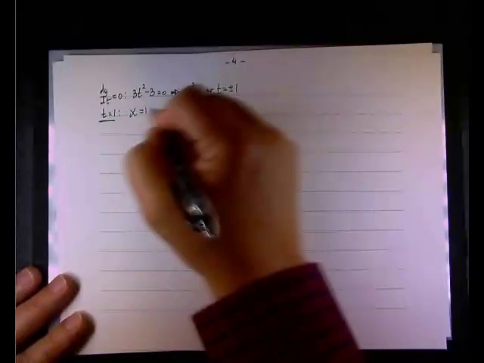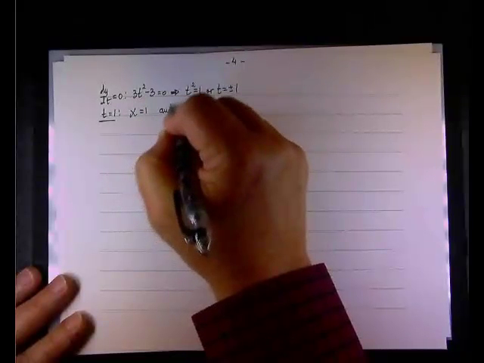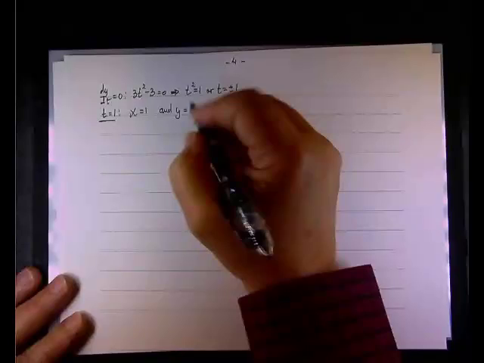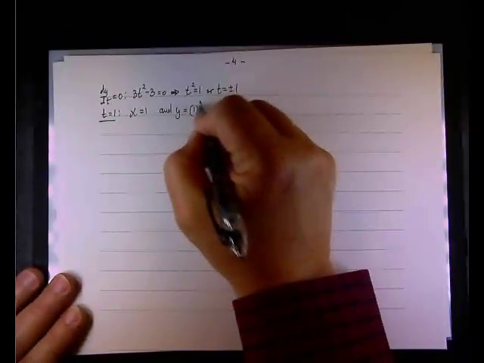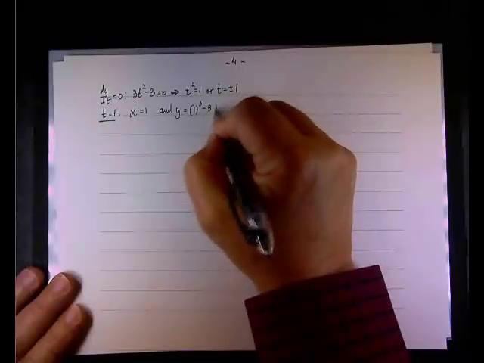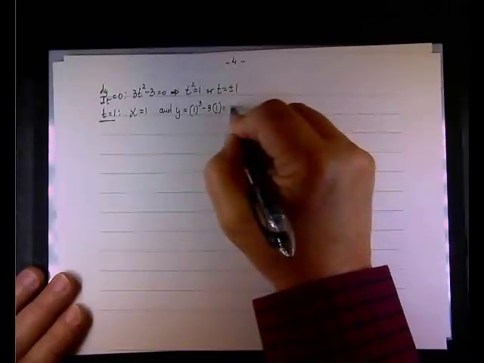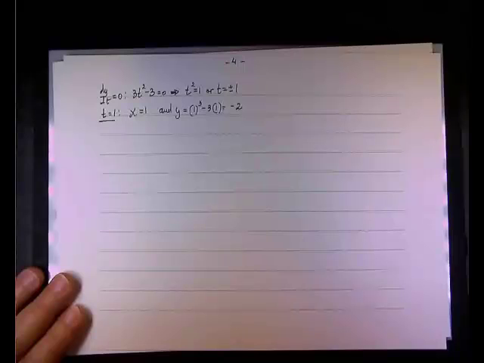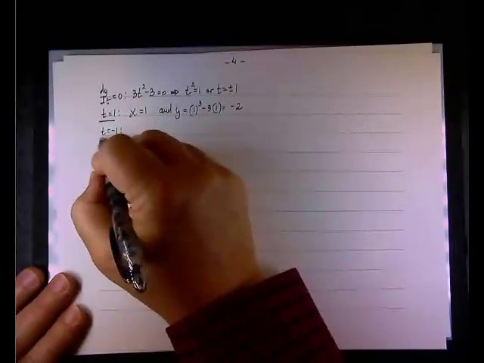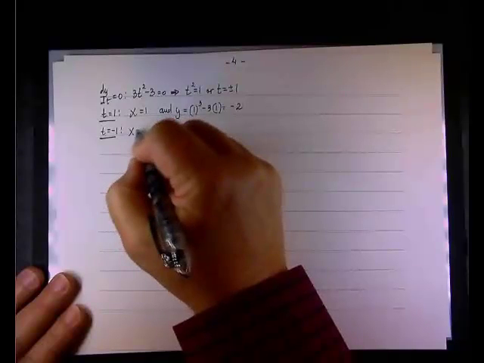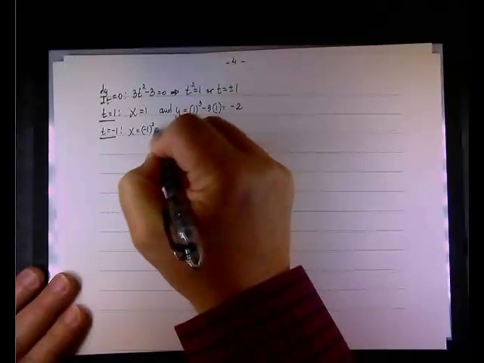So what happens when t equals 1? When t equals 1, what happens to x? Well, x was t squared, so x equals 1, and y equals t cubed minus 3t, so y equals 1 cubed minus 3 times 1, and this gives us negative 2.